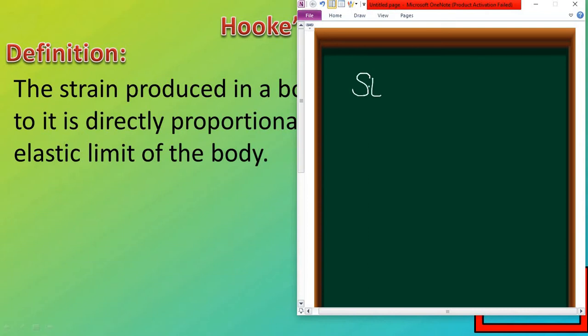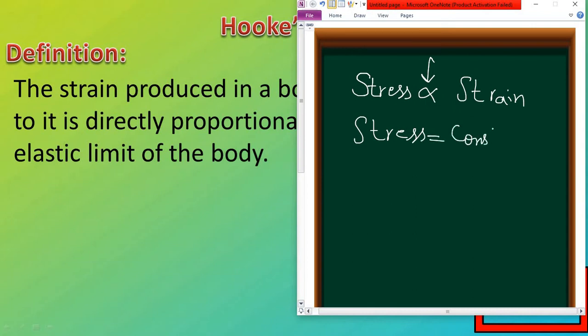Hooke's law: the stress applied on a body is directly proportional to the strain that is produced in the body due to applying stress. You know that when we remove the proportionality symbol, we put two things: number one is equal, second is a constant, into strain.